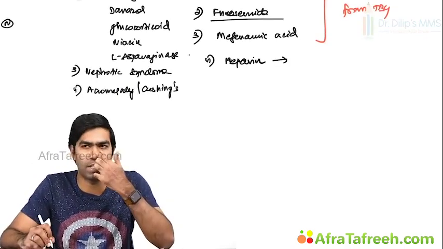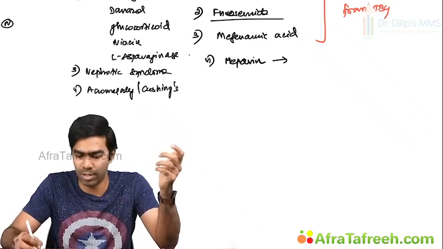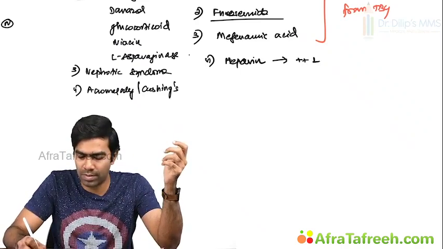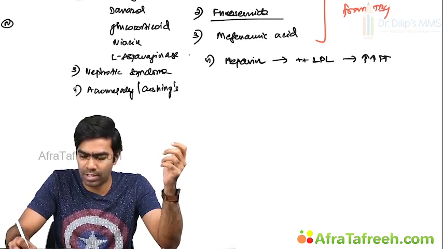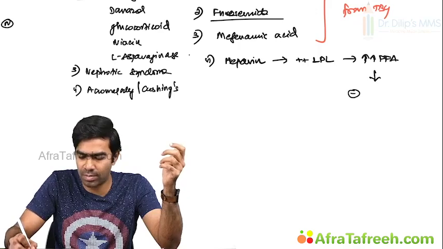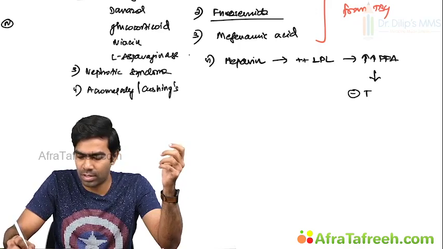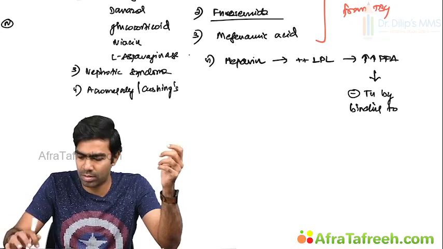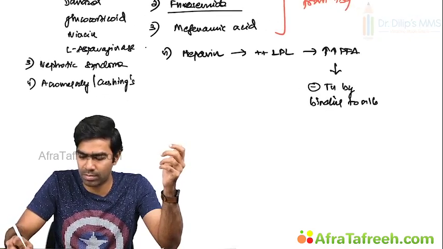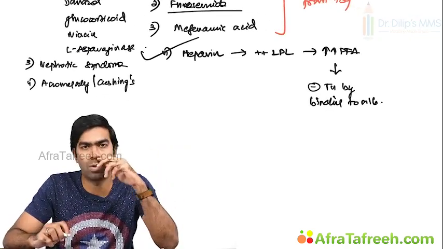In fact, they don't displace, they prevent the binding of T4 with albumin. Because heparin activates lipoprotein lipase, which in turn is going to increase the amounts of free fatty acid. This increased free fatty acid definitely will inhibit the thyroxine from binding to albumin. Fine. So this is the mechanism. So heparin can reduce the total T4 levels.